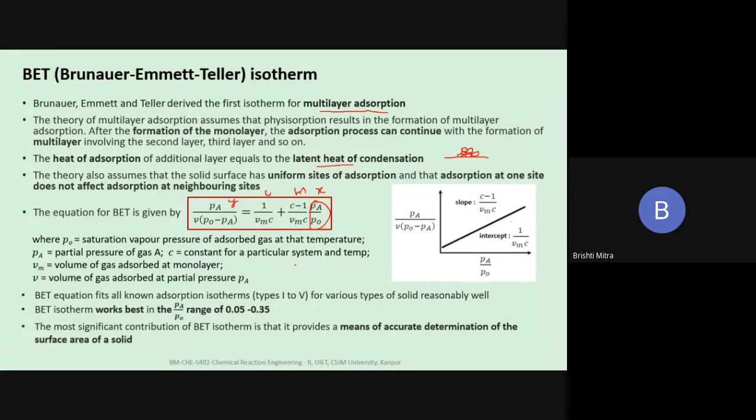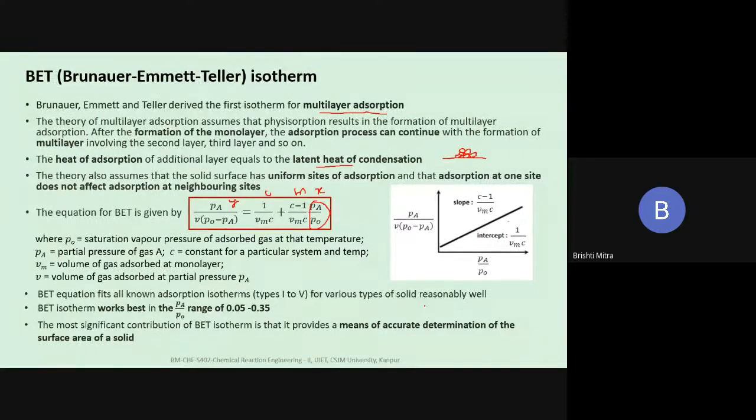The BET equation fits all known adsorption isotherms for various types of solids reasonably well. So BET is a very useful isotherm because at different conditions it seems to follow all kinds of types, type 1 to type 5, that I had shown you earlier. BET isotherms work best in the PA by P0 ratio of 0.05 to 0.35.